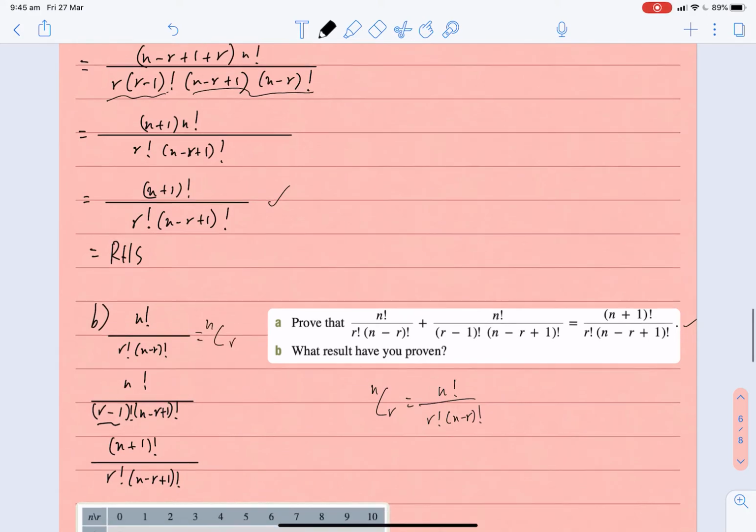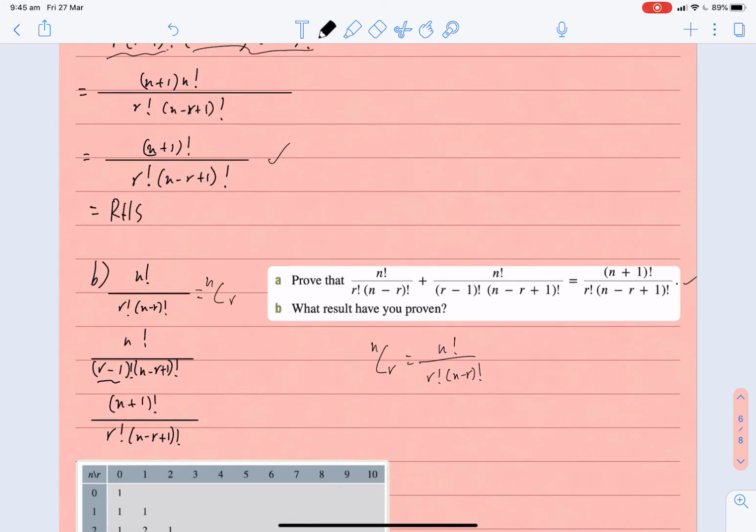Now the second one, if we do r minus 1, n is still on top, so n choose r minus 1. You have n factorial on top, and then r minus 1 factorial, and then you need n minus (r minus 1), so I need to use a bracket here, factorial.